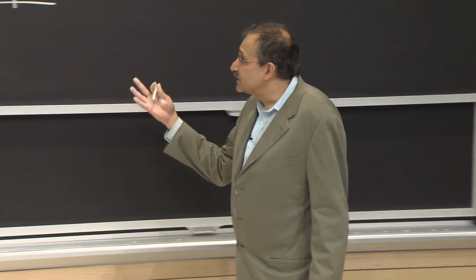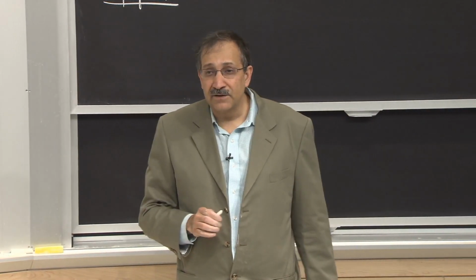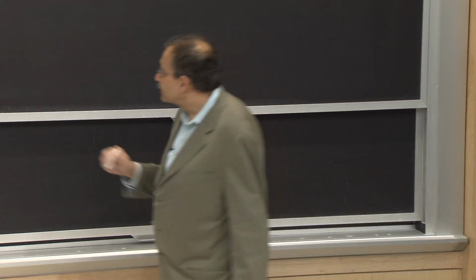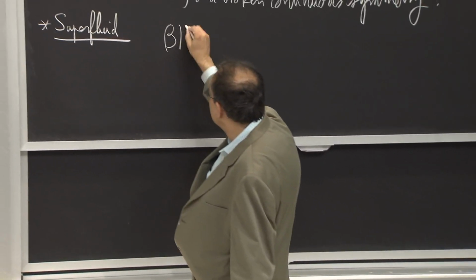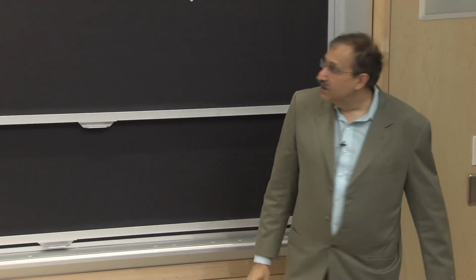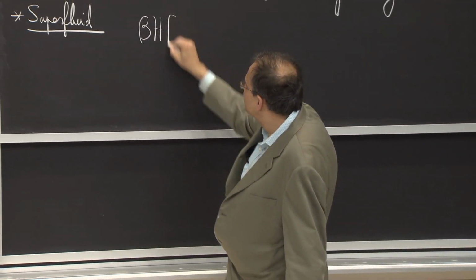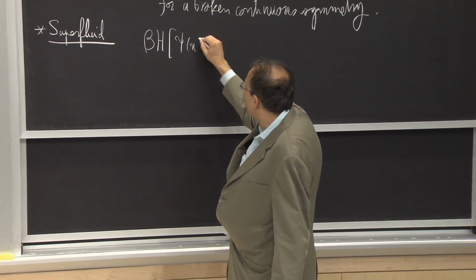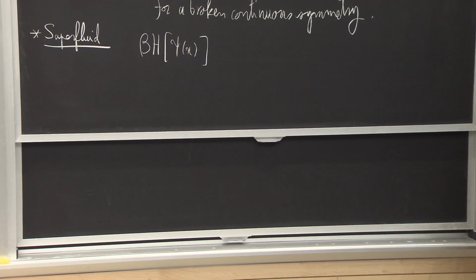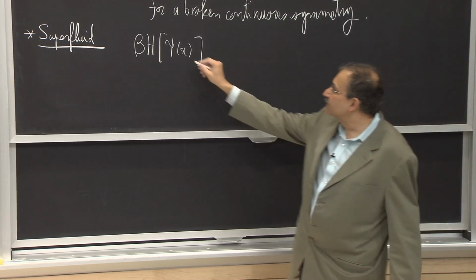And basically, it was in this context that Landau introduced something like this field theory that we write down, where he chose as order parameter, as the analog of the m of x that we have over there, a complex function psi of x.